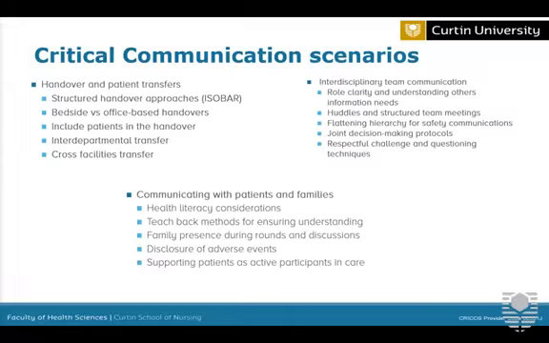So, we all work to improve and work together collaboratively. Health literacy is a requirement that we think about, and the teach-back method is a good way to gauge people's understanding.